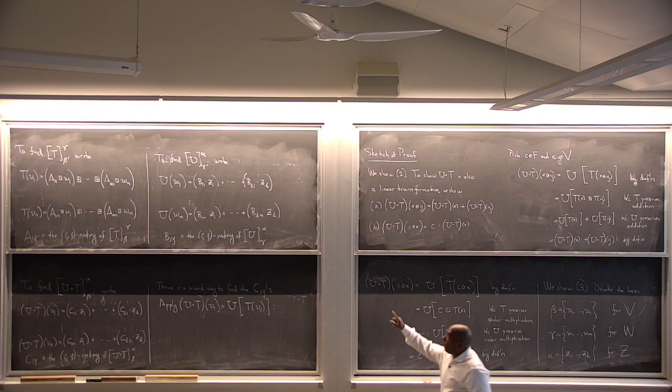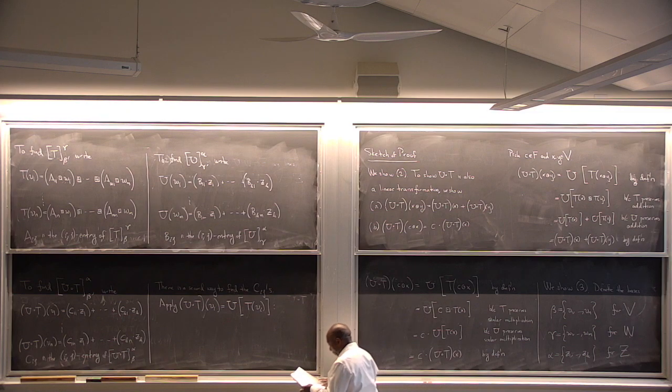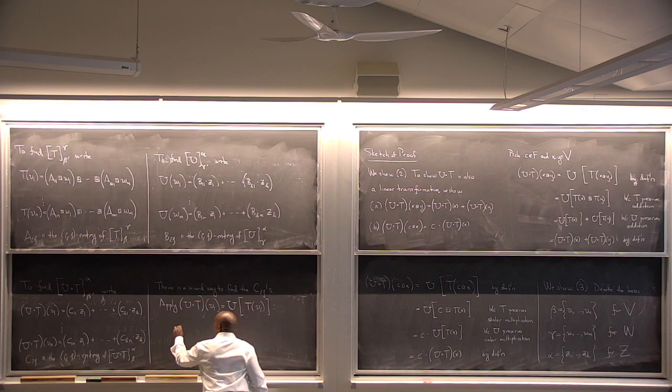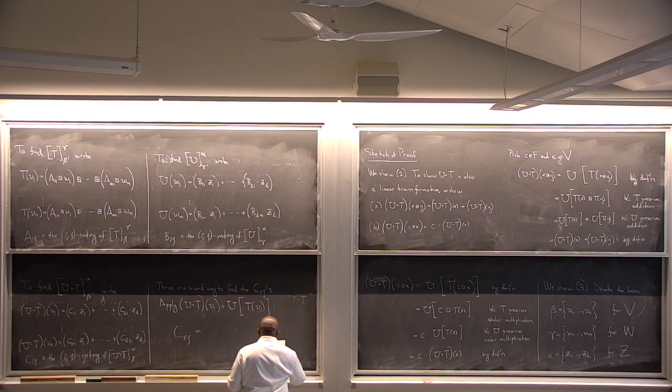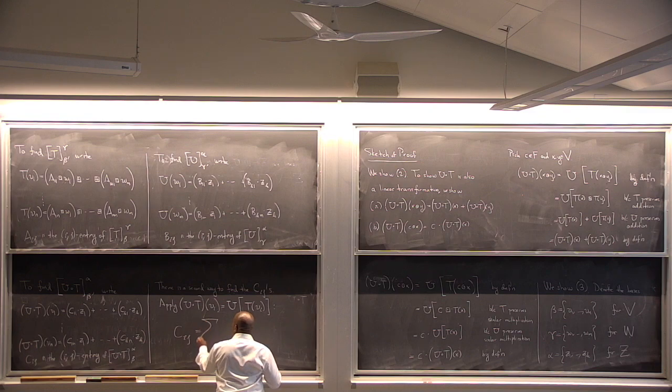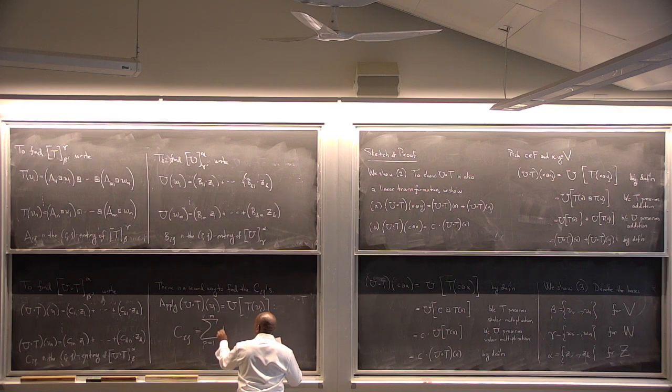So I'll take all of my T's up there and just apply U. When we do this, and again, I'm not going to do this more because it just gets very disgusting here on the board, I'll find the following formula. So Cij is actually equal to this sum here. So here I have a Bip times Apj.